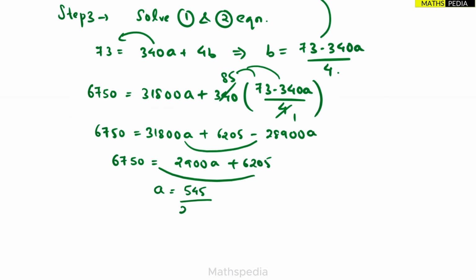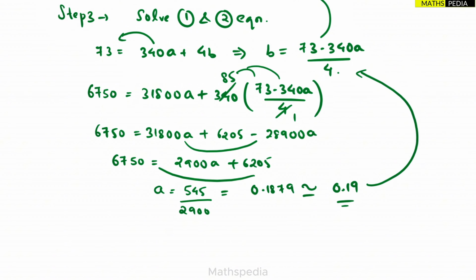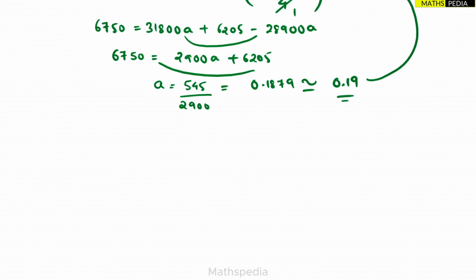545 divided by 2900. So this value will be equal to 0.1879. In the calculator I'll be getting that, so approximately you can write it as 0.19. So this is the a value. Now I need to substitute back to get the b value, right?